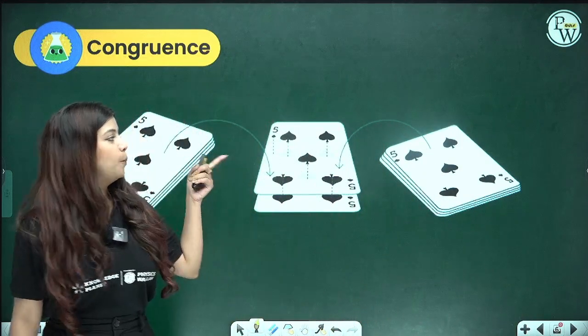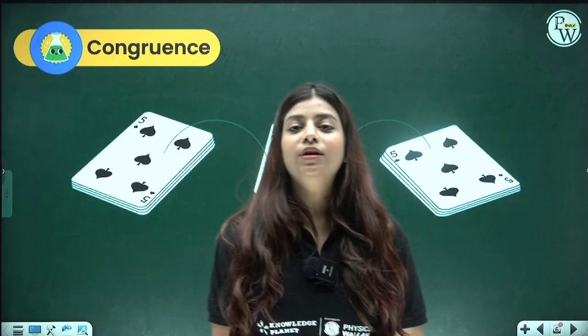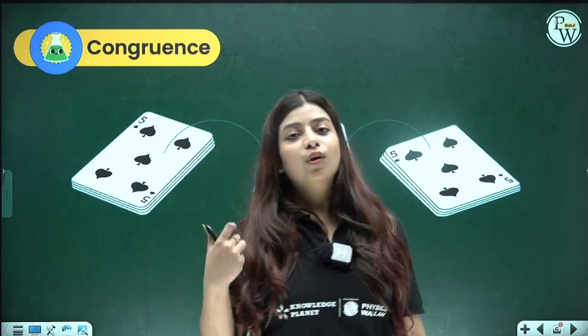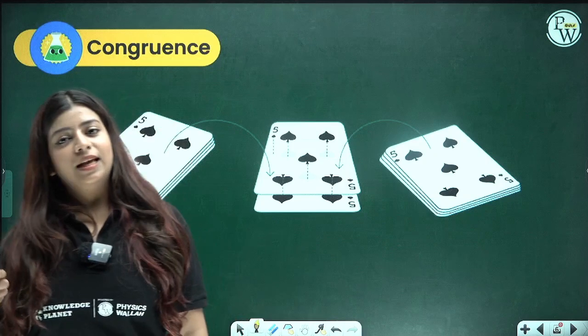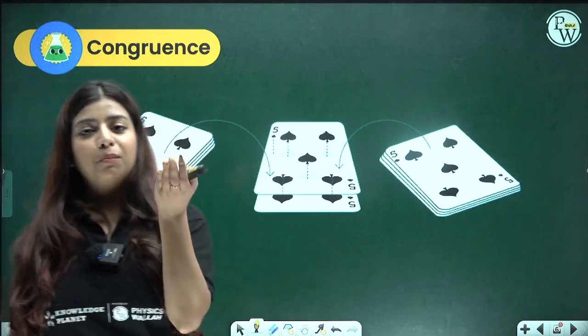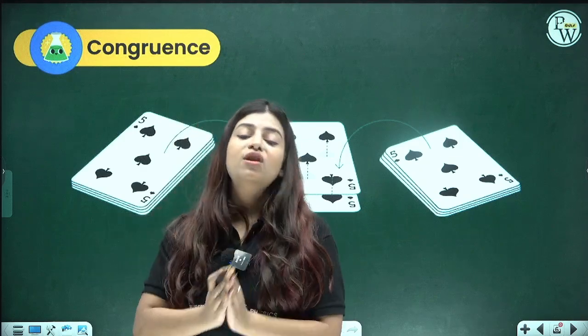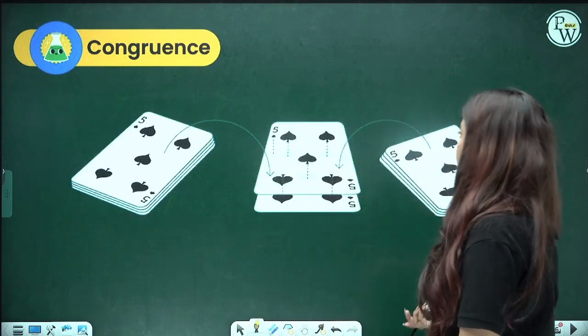So these two playing cards will be identical to each other, or we can say congruent to each other. I hope now the word congruent is very much clear to you. It simply means same shape and same size, and when we place one over the other, the two are completely overlapped with each other. I hope this is clear to everyone.